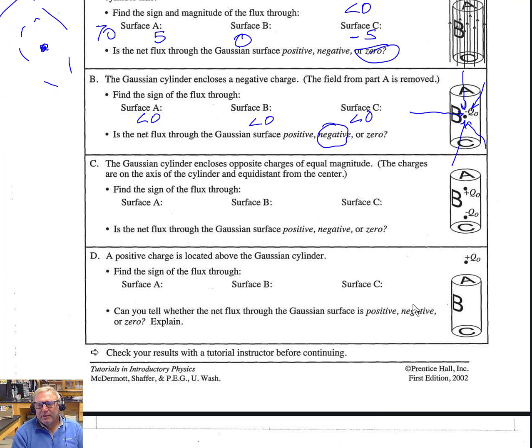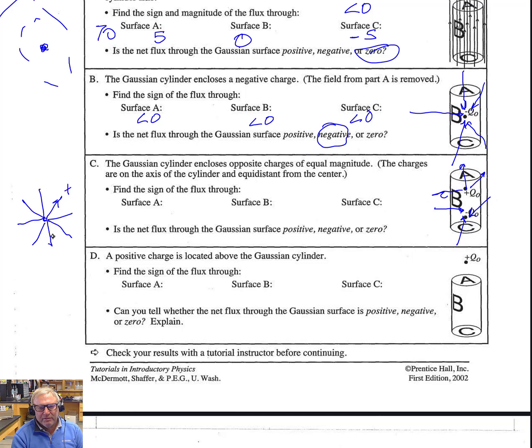Okay, now here we have lines going out and lines going in. Since they're both the same magnitude, we know that they're going to have this star kind of pattern of flux lines, and they're going to be identical, and the only difference is the way the arrow points.